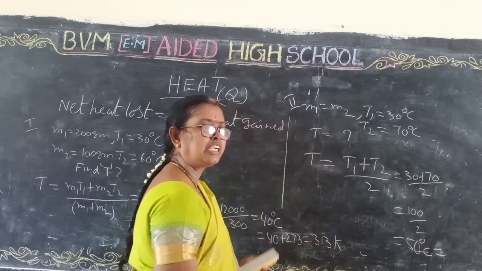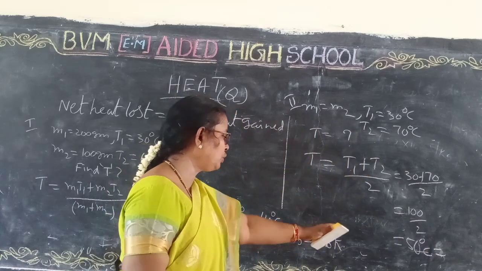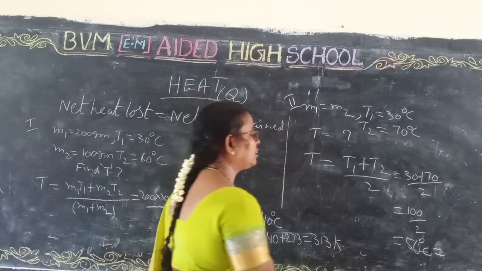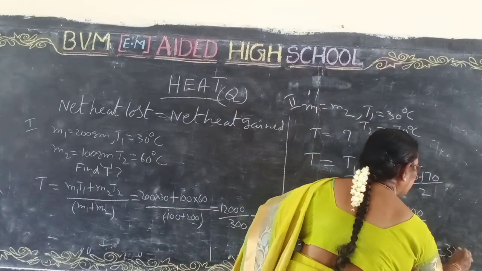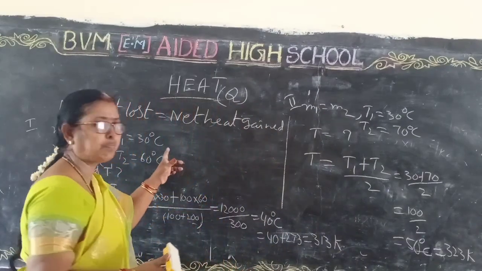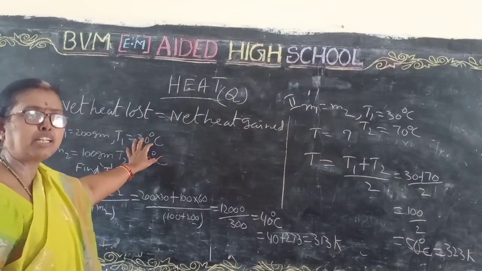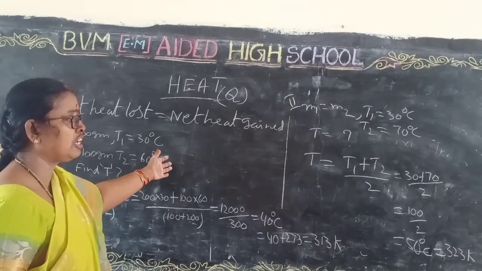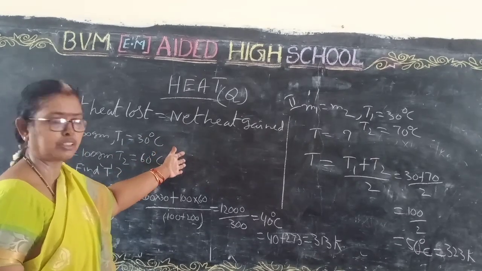To this 50 we add 273 to get 323 Kelvin. These are the simple problems you will get for 1 mark or 2 marks, sometimes even half mark.